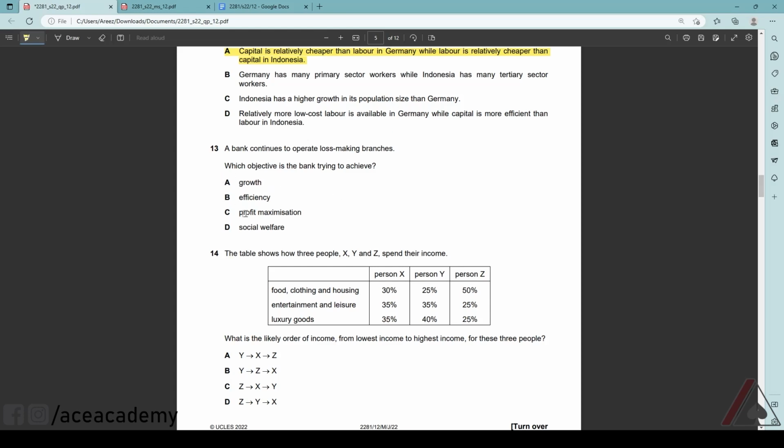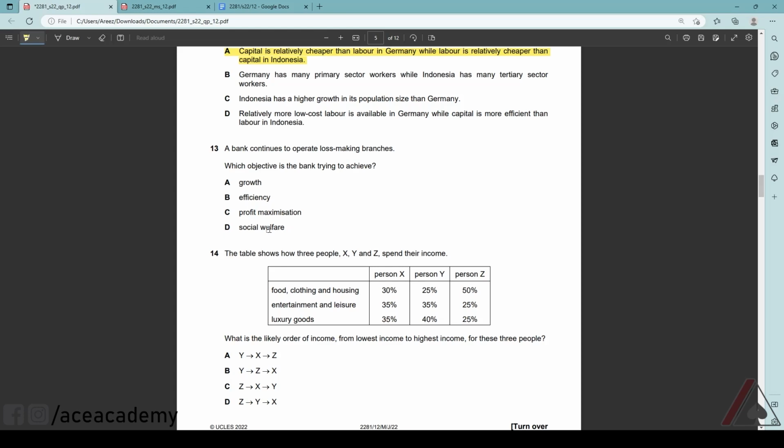So not growth, not efficiency, because if they are making a loss, it means that they are losing out on profits and on income that they could have reinvested to get higher efficiency. And it's not profit maximization, because it's clearly stated they're losing out and making a lot more losses.